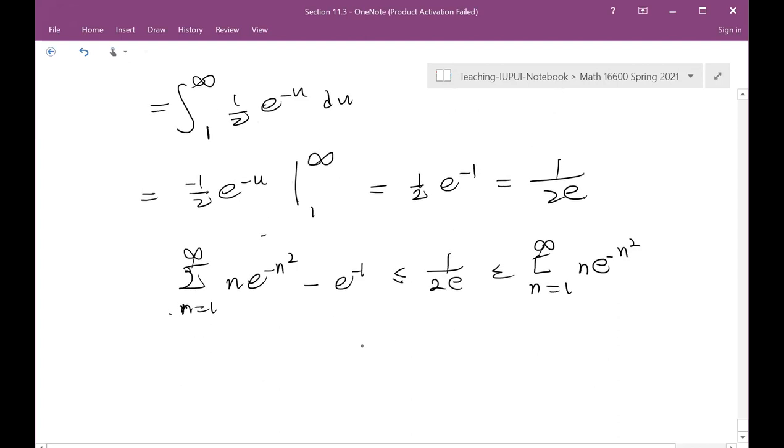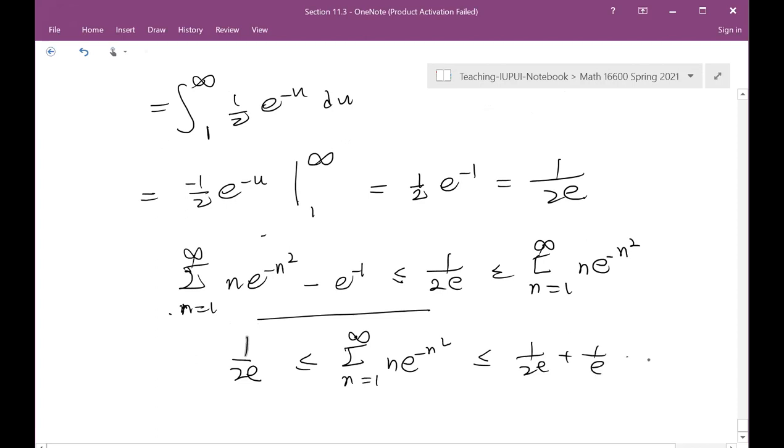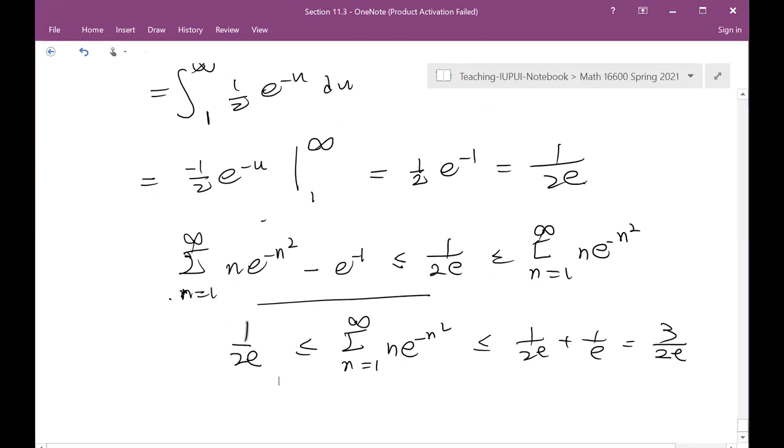So this side is 1/2 e to the negative 1. The other side, look at this inequality, I think it's going to be 3/2e. So this infinite series is between these two numbers. Somewhere it's converging to some number between these two. So that's the integral.